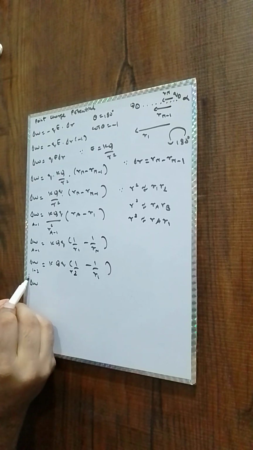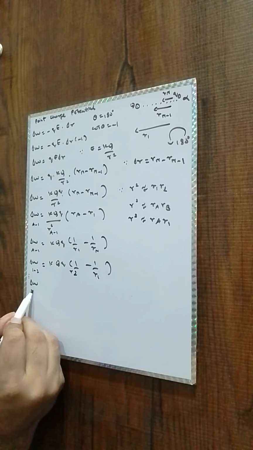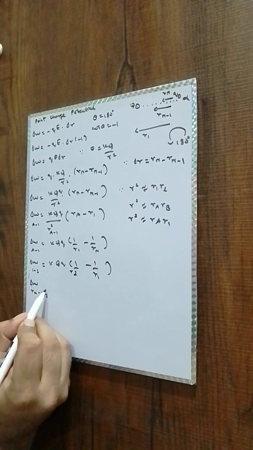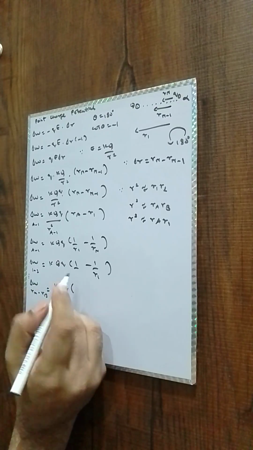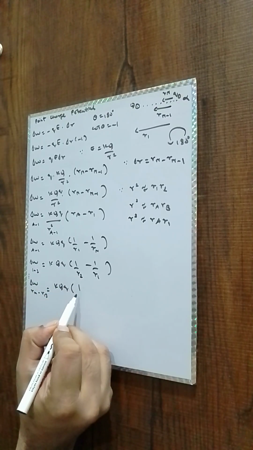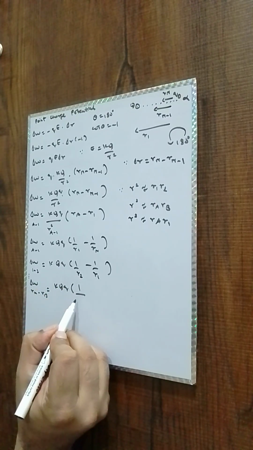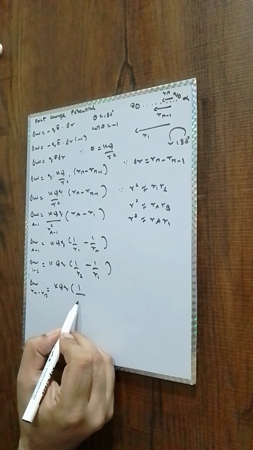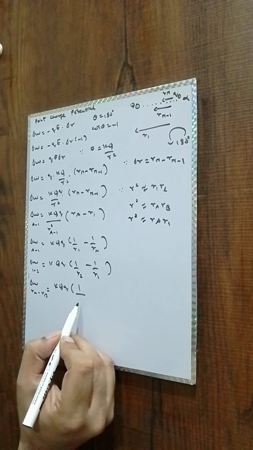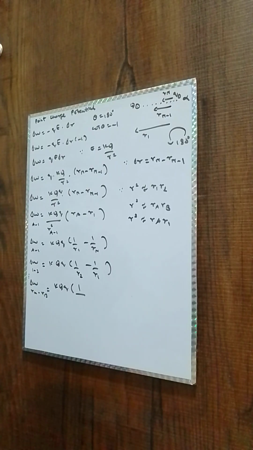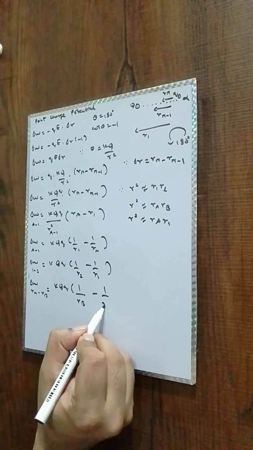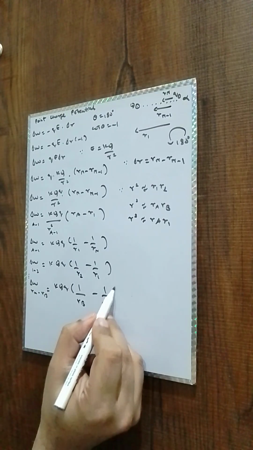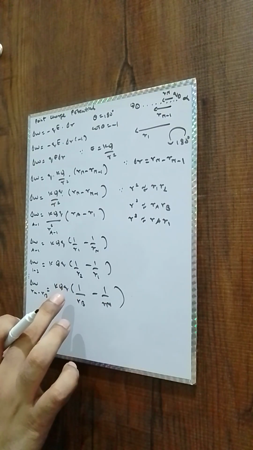Delta W, it goes on, delta W from Rn to Rb is equal to KQQ into 1 by Rb minus 1 by Rn. Yes.